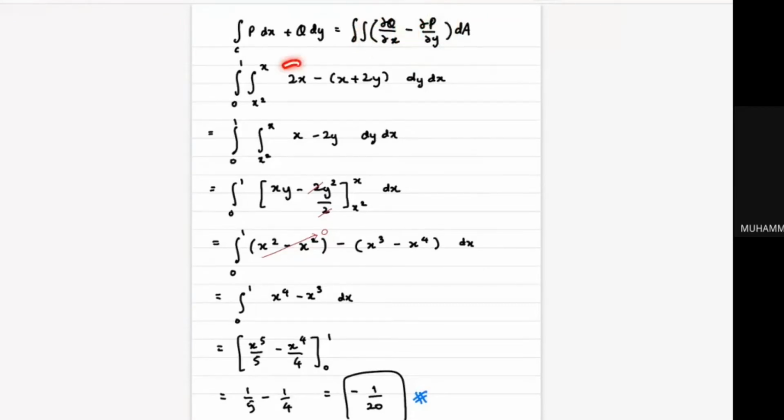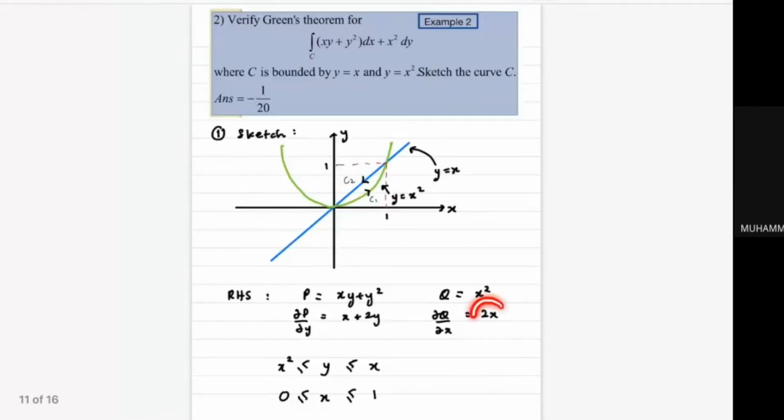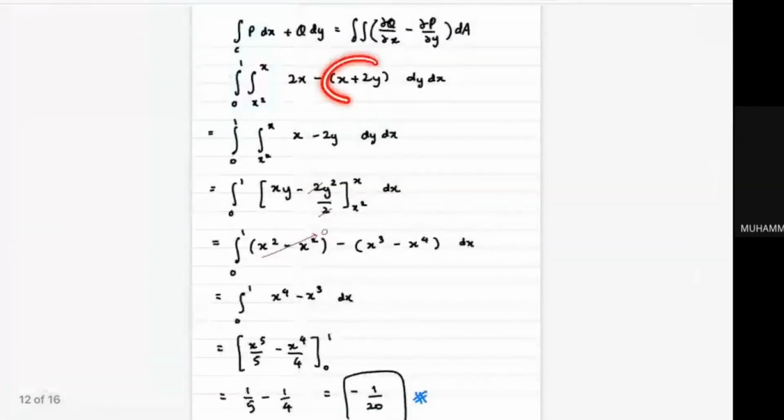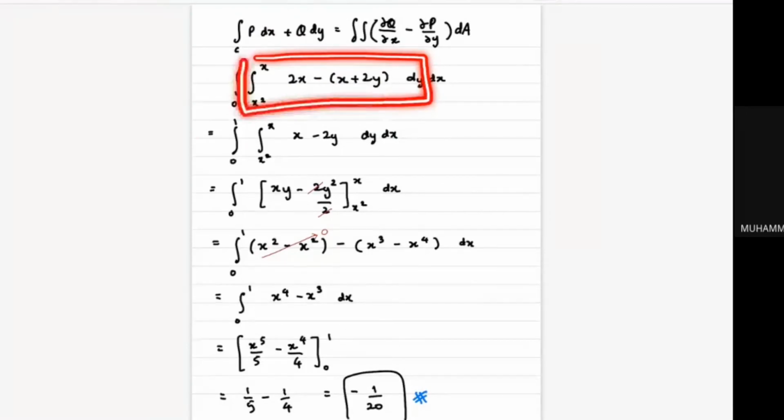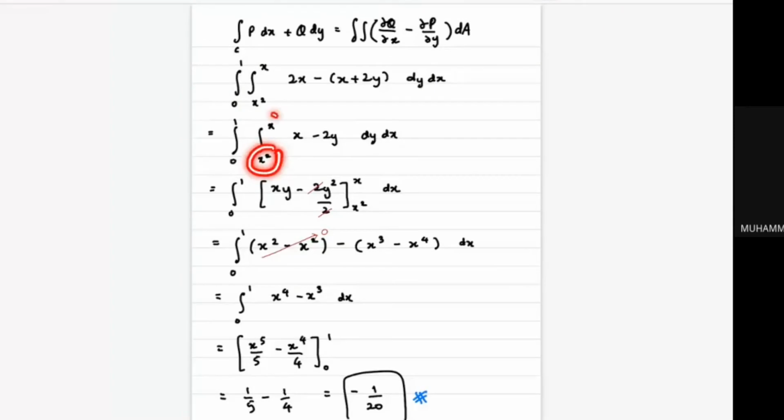So this is del Q del x, 2x, minus del P del y, x plus 2y. Integrate with respect to y first, with y from x squared to x and x from 0 to 1. Integrate with respect to y, get this value, substitute your upper and lower limit, then you will get this answer.